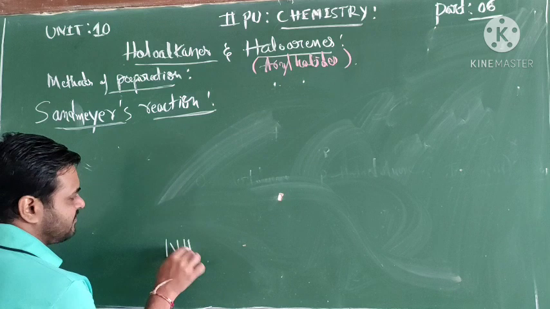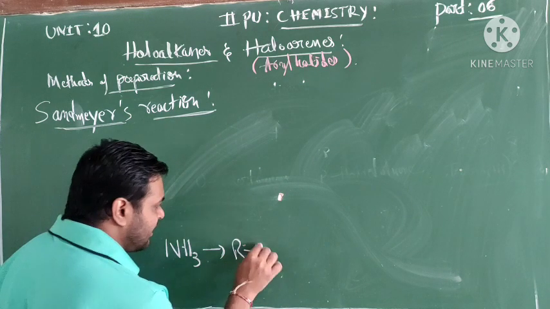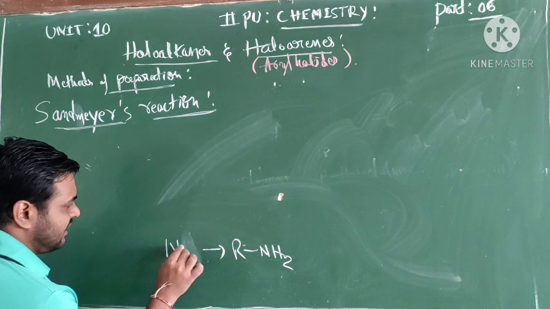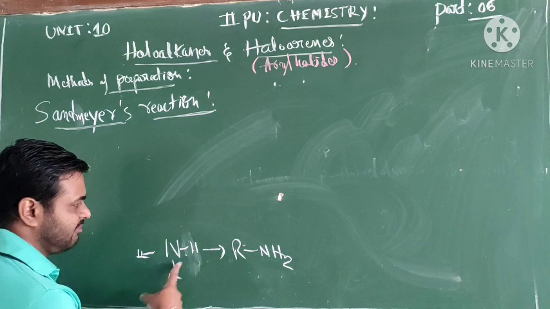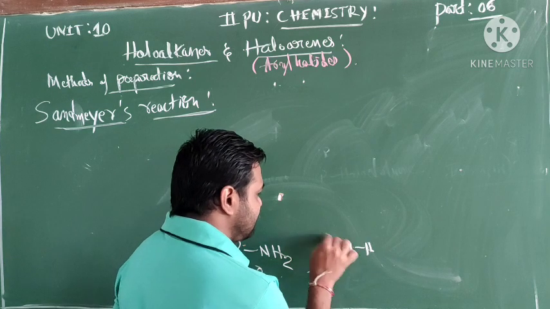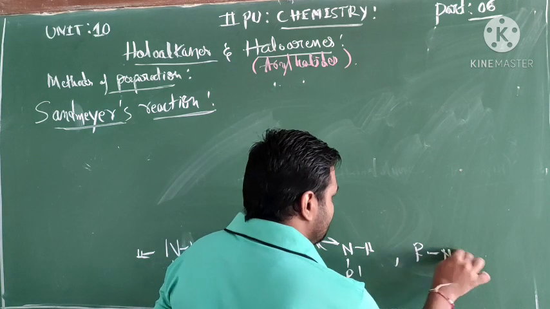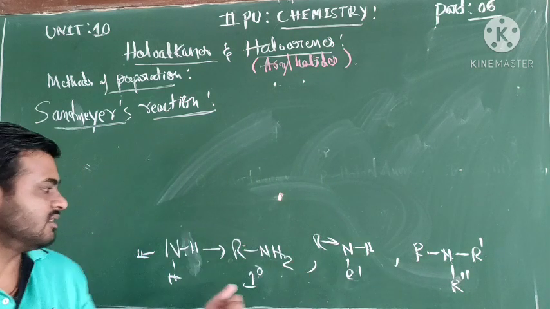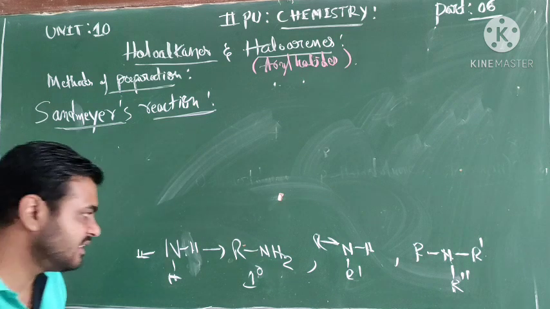Amine means NH2, where one of the H is replaced. This is primary; secondary is NH with R and R, and tertiary is N with three R groups. We take only primary amines.